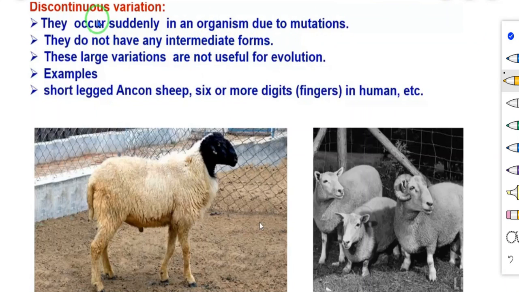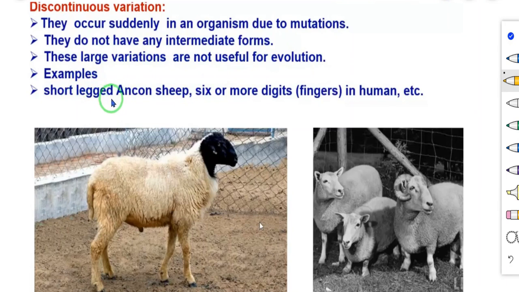The previous one, continuous variation, has a lot of intermediate forms, but here there are no intermediate forms. These are large variations, but they are not useful for evolution. Only the continuous variation is useful for evolution.